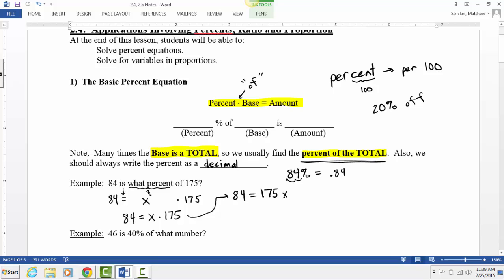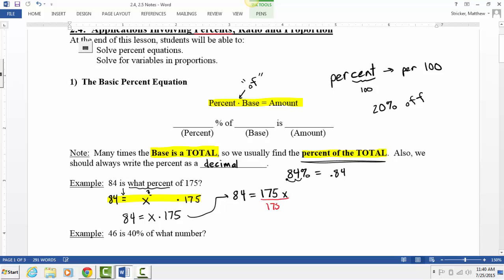One thing I want you to notice, though, is that this equation right here is essentially the percent equation we wrote above. The only thing is that the amount, this part over here on the right, is on the left in this case. But it's still a percent times the base, or the total, equals the amount. And we're trying to find what the percent is in this case. That's what the x is. Going back to solving linear equations, remember, if we want to solve for x, which is multiplied to the 175, it's married to it, we divorce.